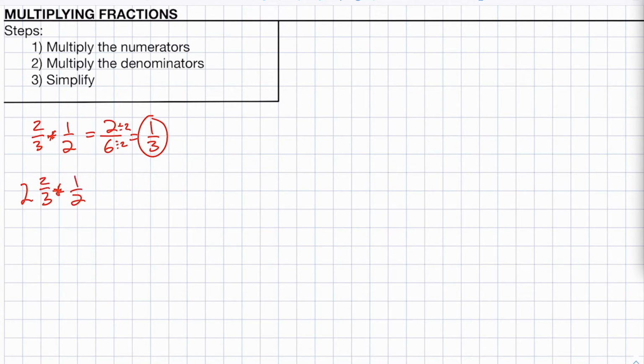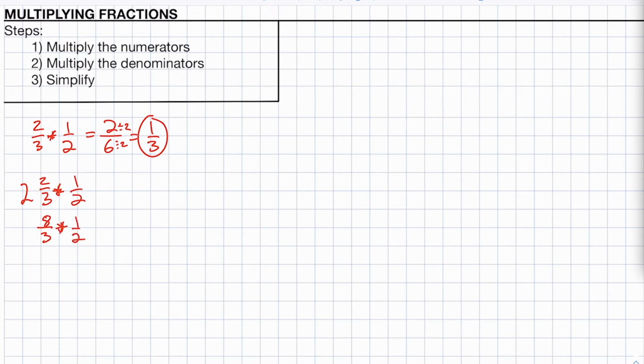Now in this case, since you're just multiplying numerators and denominators, what you always have to do is make improper fractions, so your whole fraction is not a mixed number anymore. So I would do 2 times 3 gives me 6, 7, 8. So 2 2/3 is the same thing as 8/3 times 1/2.